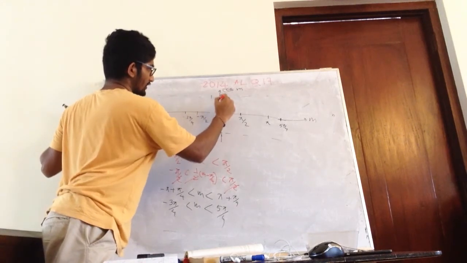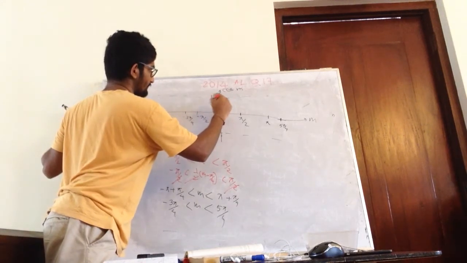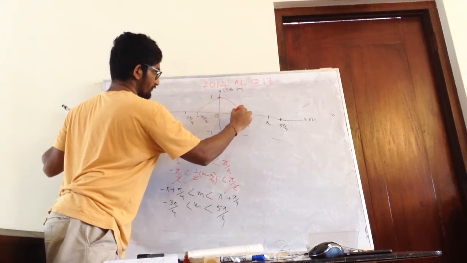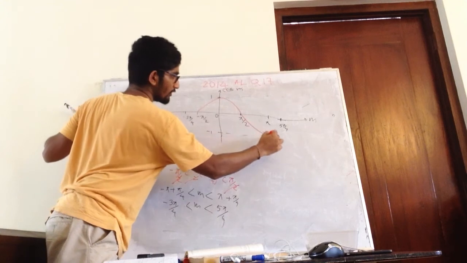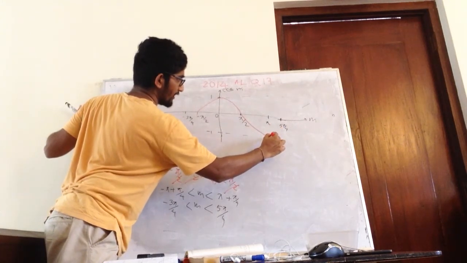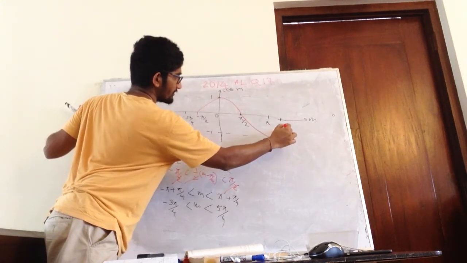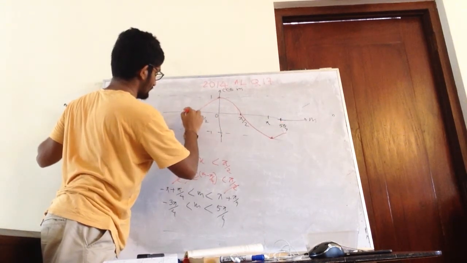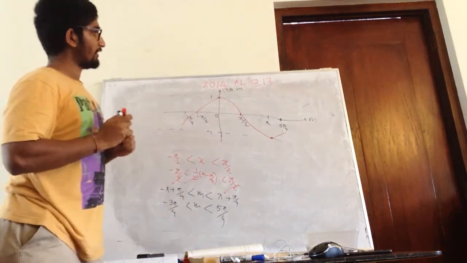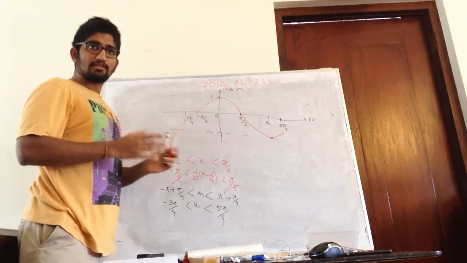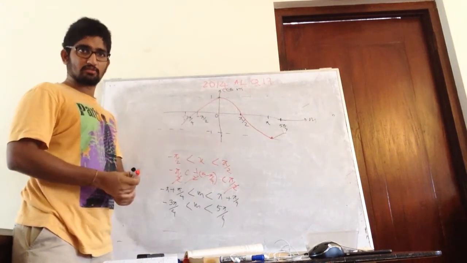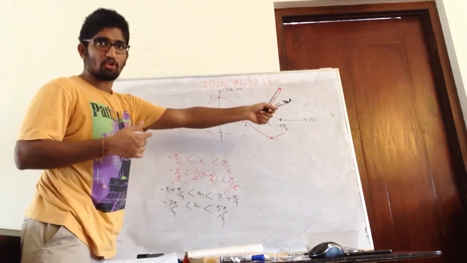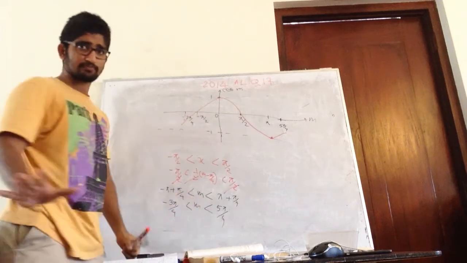At 0 it is going to be 1. At 5 over 2 it is going to be 0. And at 5 it is going to be minus 1, and some value here. So this is the normal cos curve, right? If we extend it we can draw further, but the range is this.